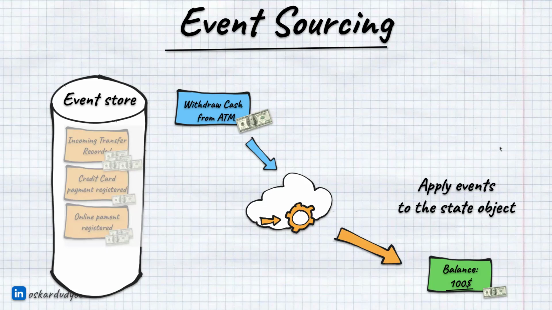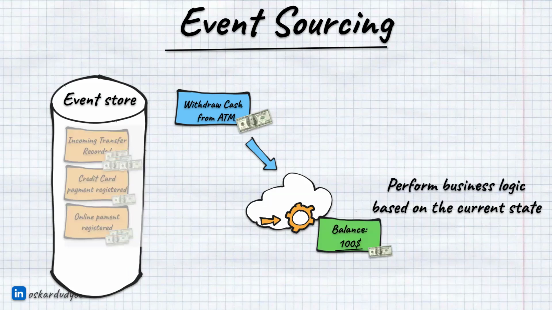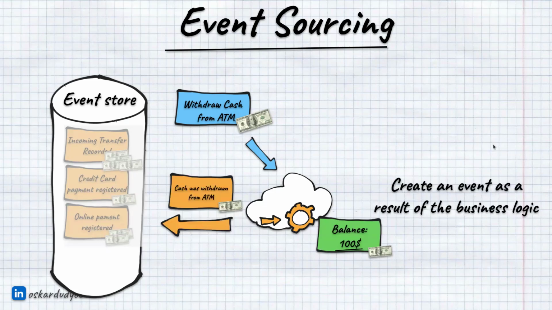And after you got it, you need to use it to perform business logic, evaluate all the business rules, invariants, whatever we call it. Once we get the decision, so either we can withdraw cash from the ATM because we have enough money, or that no, we cannot because we don't have any money, then we need to record an event.